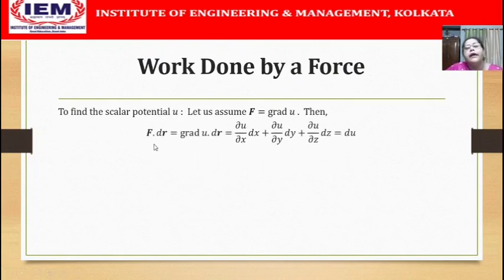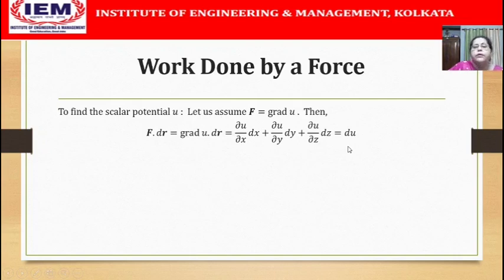So F dot dr, if we assume, is equal to grad u dot dr, and we know that the components of grad u are del u del x, del u del y, del u del z, and the components of dr are dx, dy, dz. So we get grad u dot dr as del u del x dx plus del u del y dy plus del u del z dz, which we can easily see is just du.